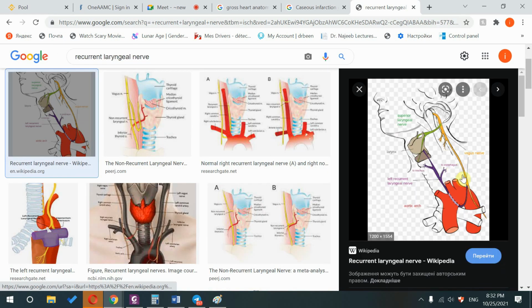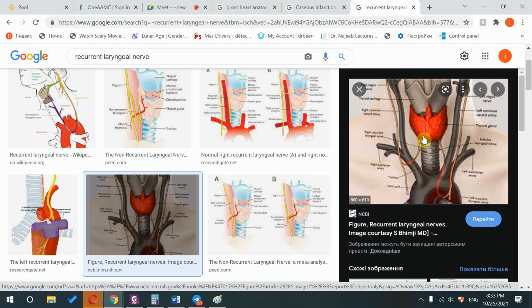The recurrent laryngeal nerve is a branch of the vagus nerve that goes, from the left, around the aorta, near what? Correct, the ligamentum arteriosum. And from the right, it's a totally different area. It goes around what? The brachiocephalic artery. So left, around the aorta; right, the brachiocephalic artery.